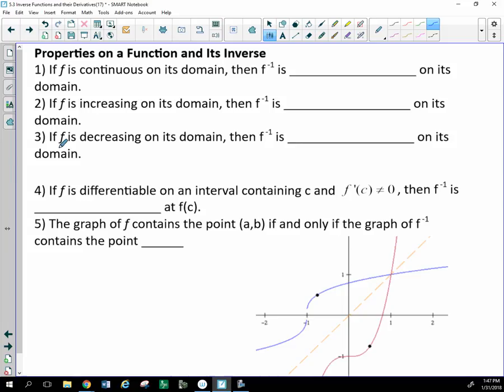So then we're going to talk about properties of inverse functions. The properties of inverse functions are basically dealing with what happens here. If f is continuous on its domain, then f inverse is continuous on its domain.